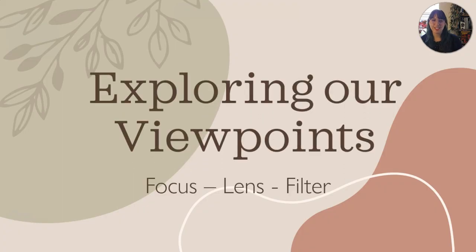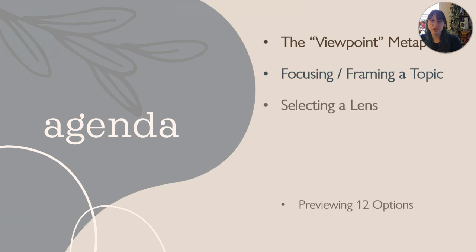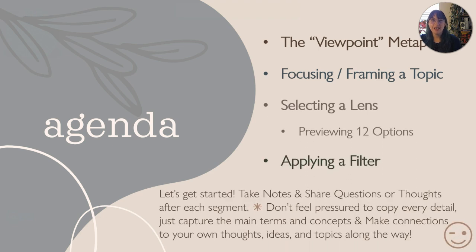Today's lesson is about exploring our viewpoints and using context lenses to help focus, frame, and filter the way we approach our chosen topics. During this lesson, we're going to dive into an overview of the viewpoint metaphor, look at techniques for narrowing down these sometimes very large topics that we brainstorm and begin with, helping to give them a good focus and frame, just the area that we want to explore.